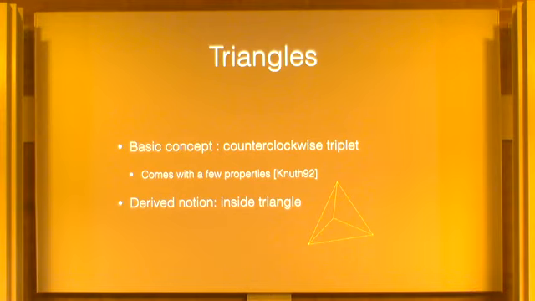He has a notion that he calls counterclockwise systems, which are triangles where you turn left when you go from the first point to the second one to the third one. So ABC is not the same as BAC, and you want to keep the information that you are turning in a certain direction.